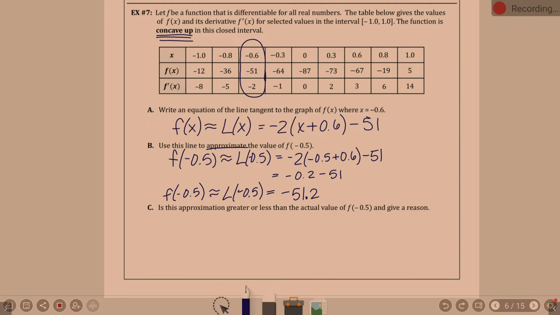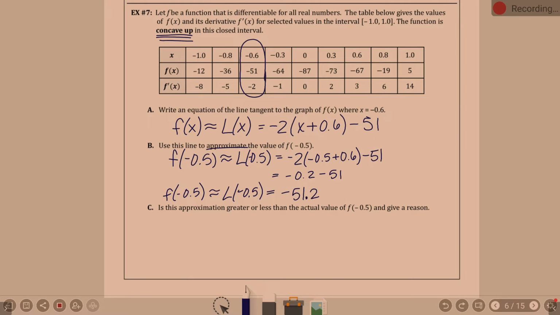So my linear approximation is negative 51.2. Is this approximation greater or less than the actual value of f(-5/10), and give a reason? It's going to be below it.